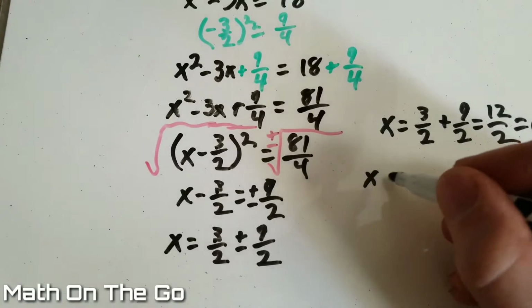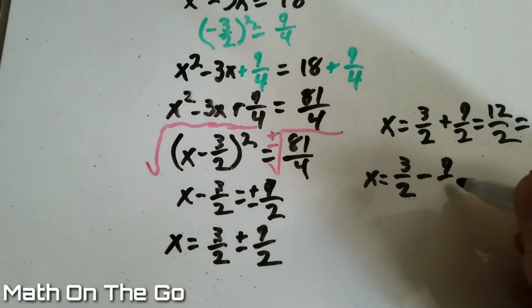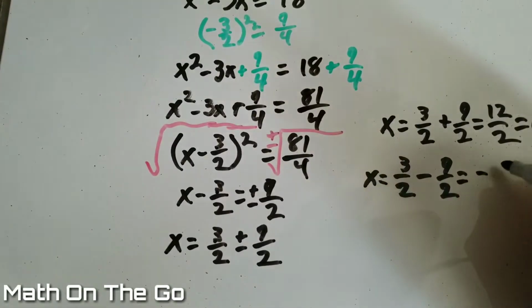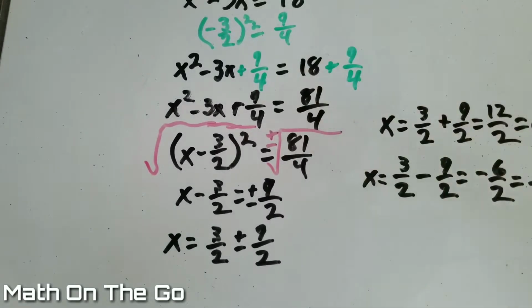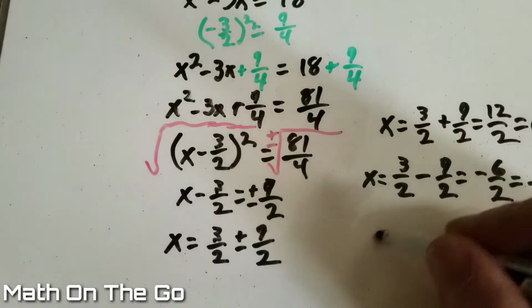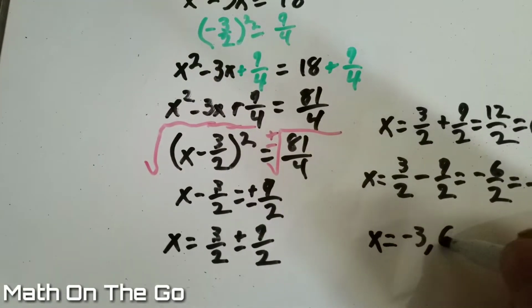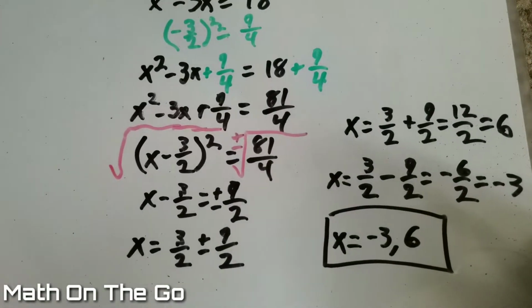And we also have x equals 3/2 minus 9/2, which equals negative 6 over 2, which gives us negative 3. So our answer is x equals negative 3 and 6. Sorry, I ran off the side there. But that is how you go about completing the square.